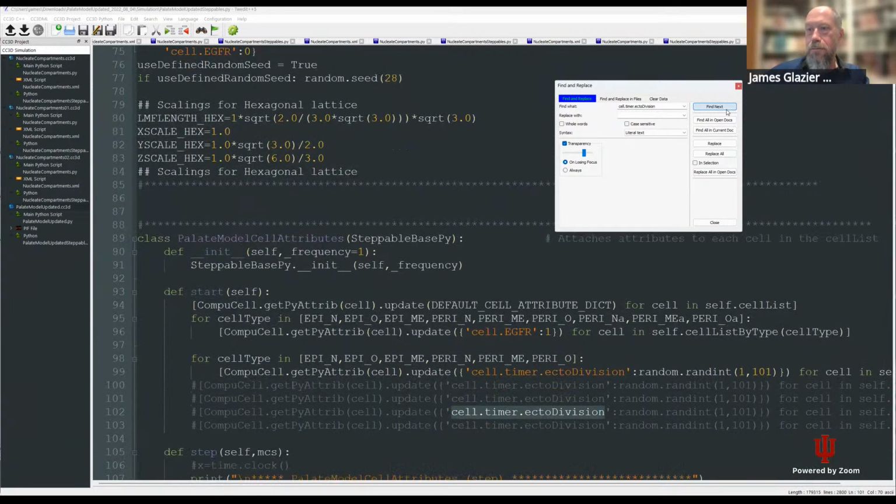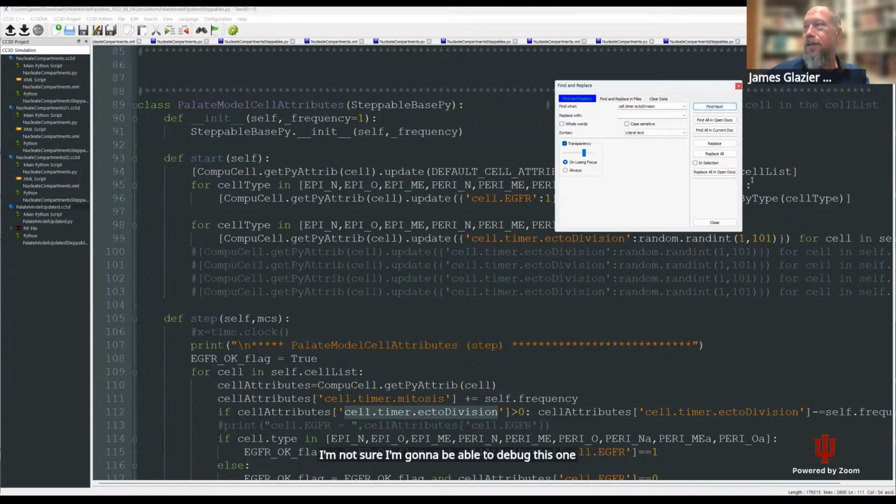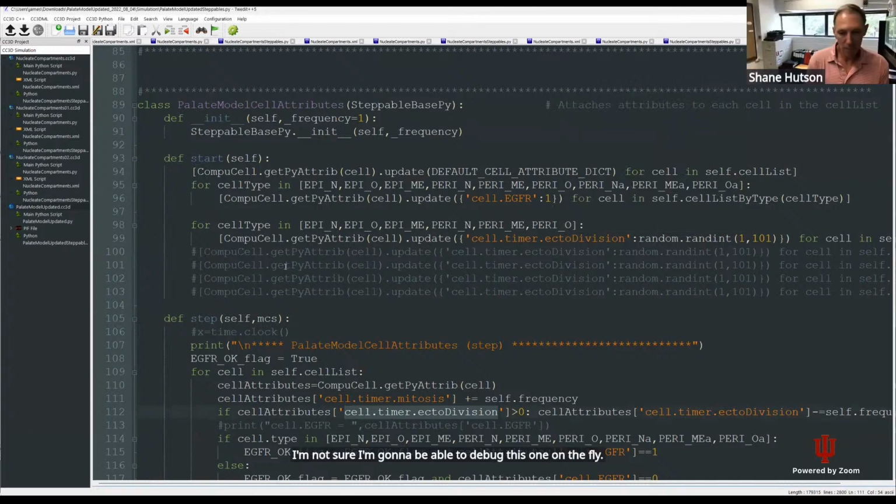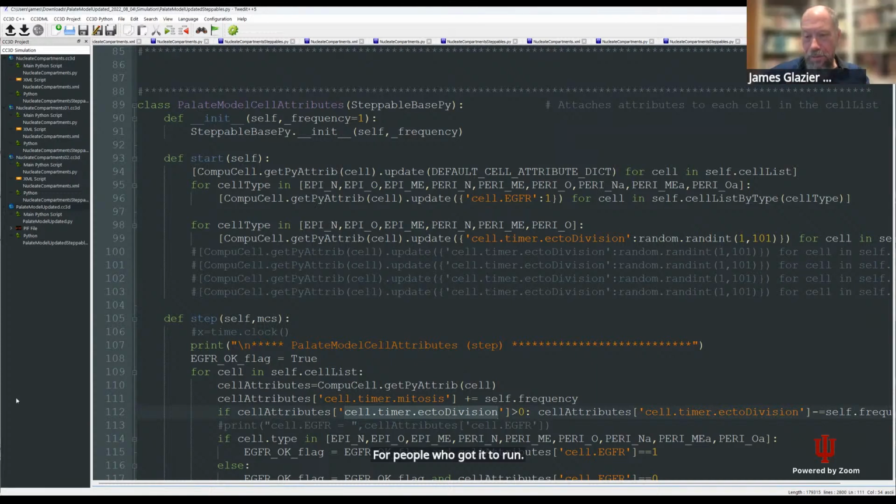I'm not sure I'm going to be able to debug this one on the fly. For people who got it to run, time might well work.